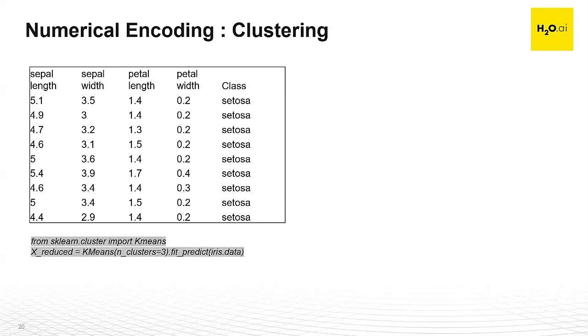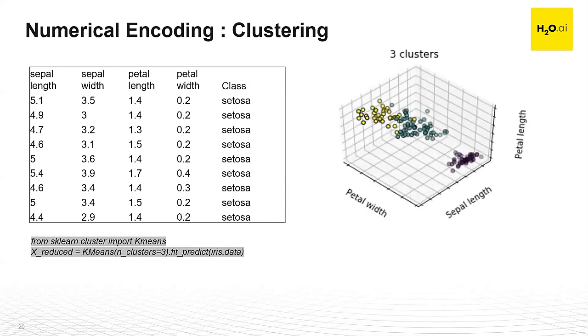For example, I could use k-means clustering, and without knowing what the target is, without providing that information, I can output the given cluster. Here you can see that 3 different clusters were created, and that's an algorithm that doesn't know the target class. It hasn't seen it. It was only able to create these 3 different classes.